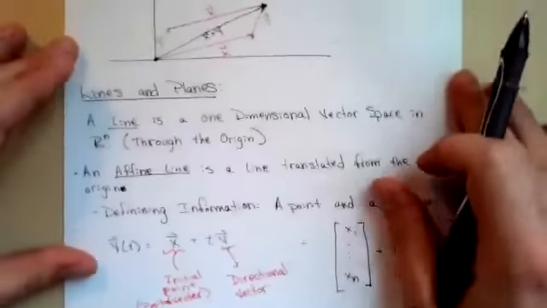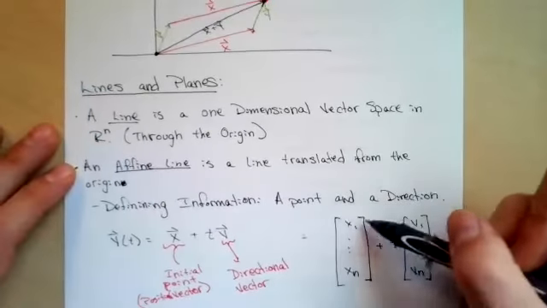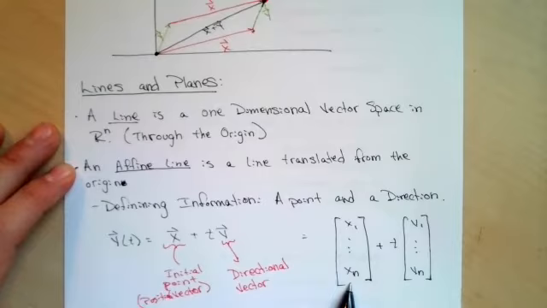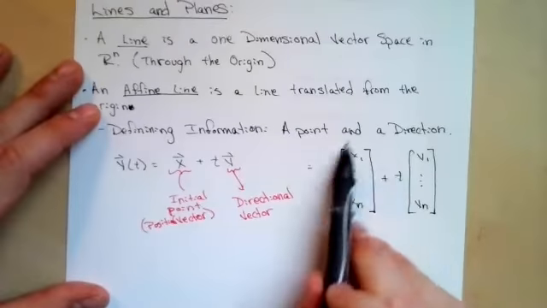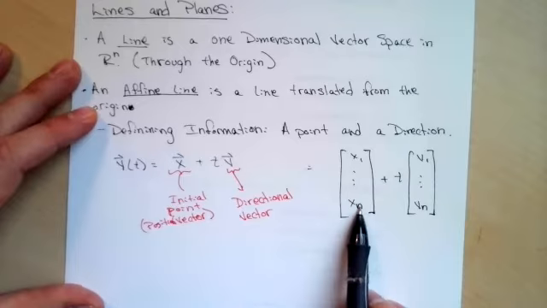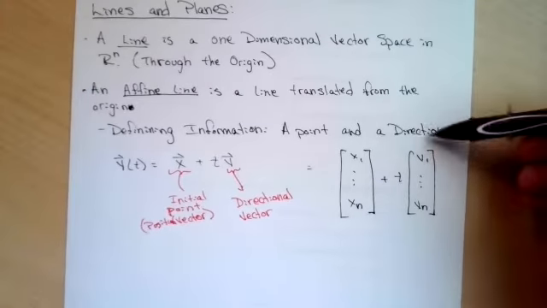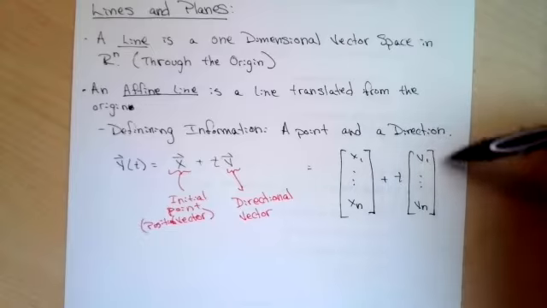So if we were to properly define a line or a one-dimensional vector space, we would need it to pass through the origin, meaning that this starting point would have to be 0, or that our initial position vector is going to be some sort of scalar multiple of our directional vector.